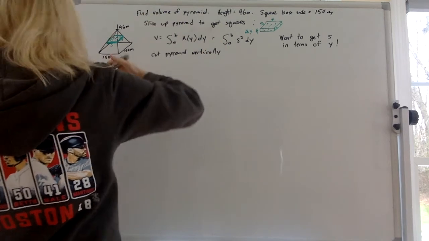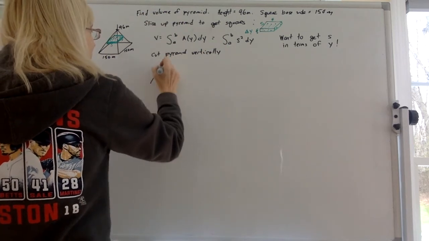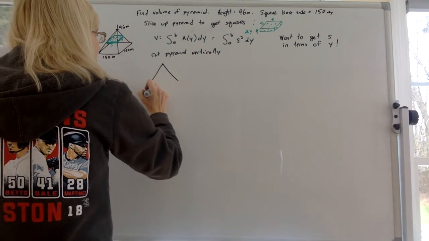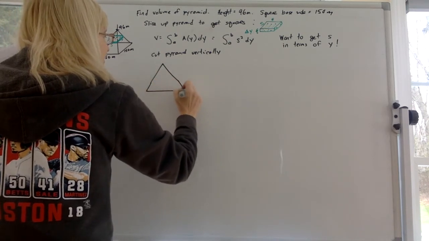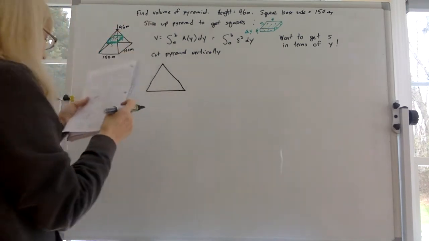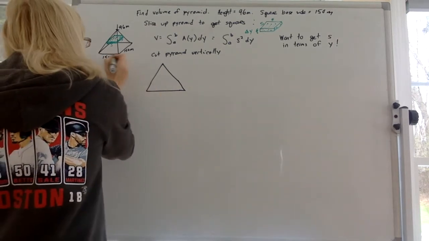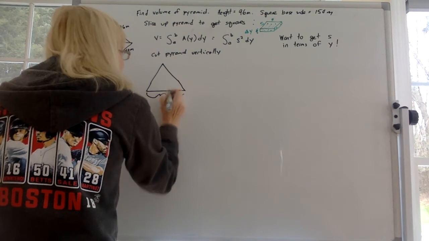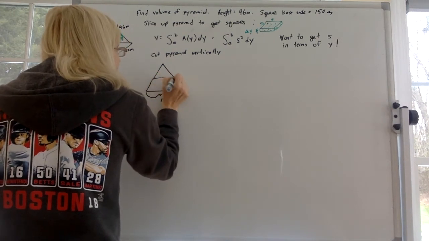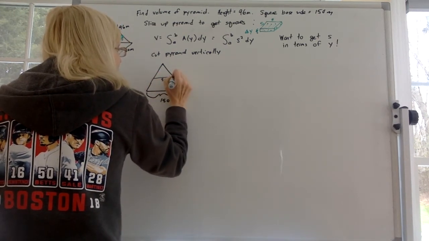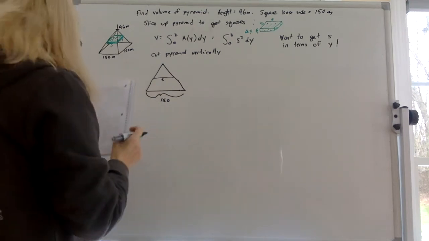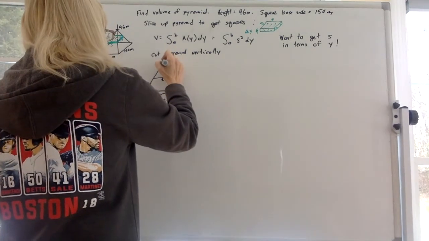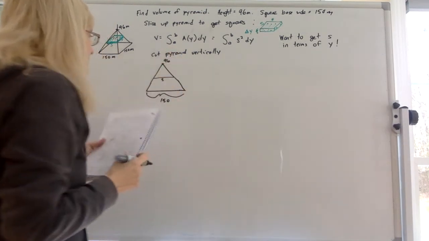If you cut it down the side, you end up seeing a triangle. The bottom of the triangle is 150, right? Here's where your S is. That's where your slice is. And you know that it goes up to 96 up there.